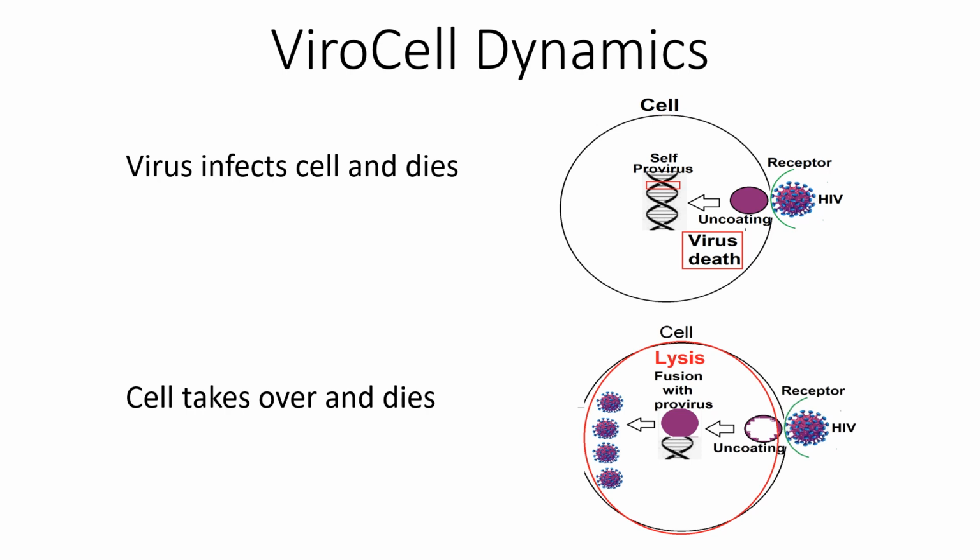And this uncoated virus is fused with a provirus, and it activates the provirus, which is then engaged in producing virions. And then once it has produced enough virions, the cell dies. So here you have two states which end in death, and these states are part of the virus cell dynamics.